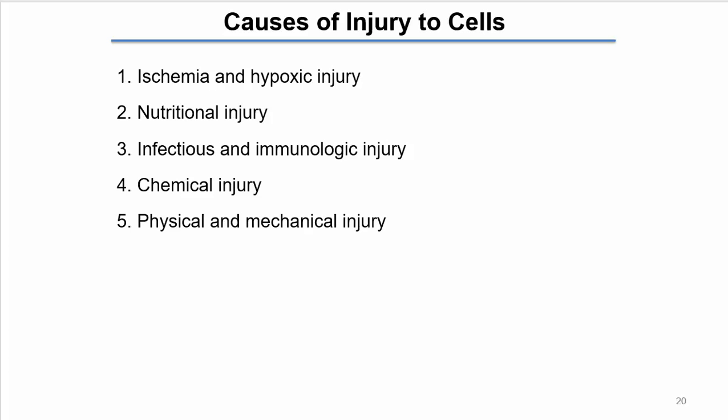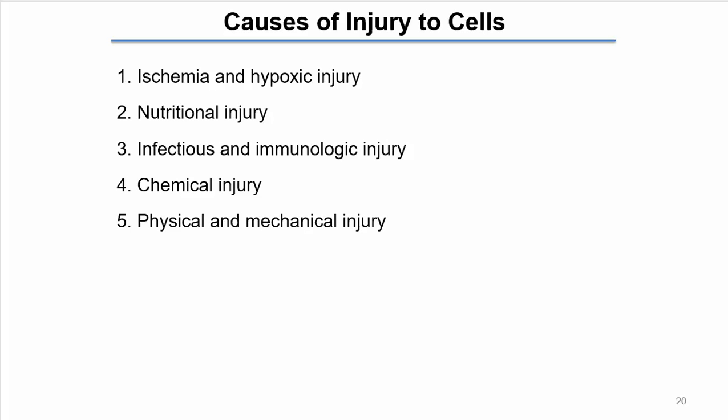Okay, so we've talked a number of times leading to metaplasia, dysplasia, anaplasia about injuries and insults to cells. So what are some of those insults? Probably the most important one, and the one that is the most common, is ischemia, hypoxia.